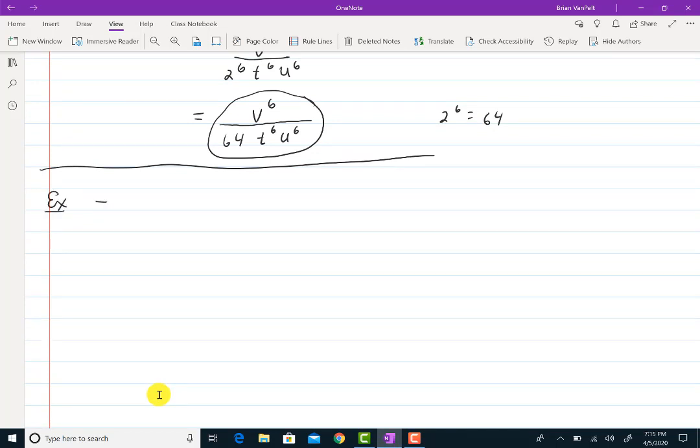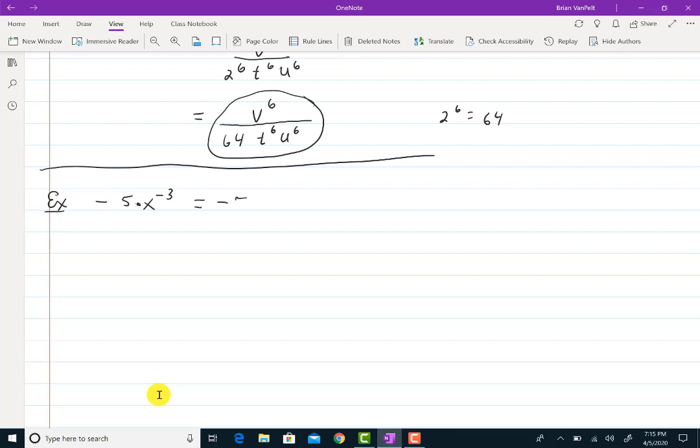Here's another one, the likes of which we've had before. When you're doing something like this, you can see that the 5 is not affected. The -1 is not part of the exponent, so it might not be a bad idea to put a dot here so that you know that the -5 is separate from the x to the -3.